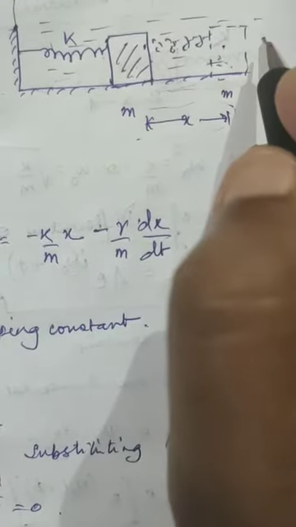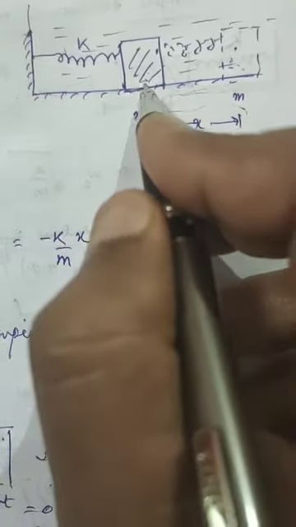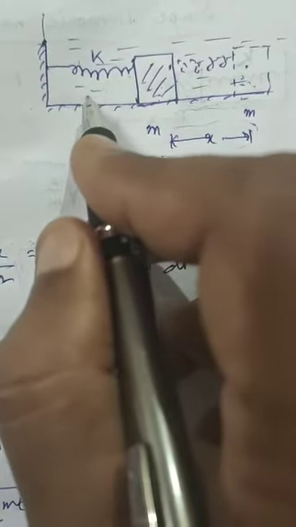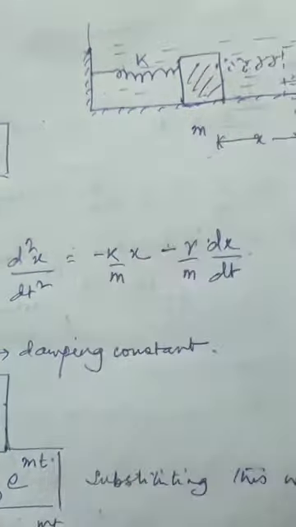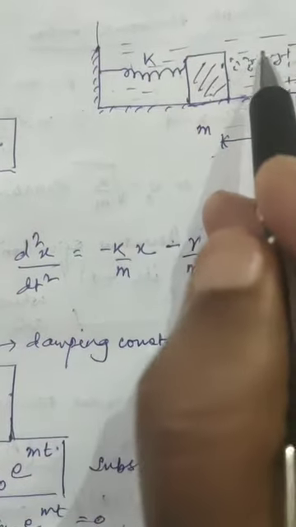So definitely the resistive force will be in the opposite direction. Now once it reaches the equilibrium position, if it overshoots it, the velocity will be in this direction again, and still the damping force will be in this direction, because the velocity is in this direction. So the damping force, that is the resistive force that will resist its motion, will be in the opposite direction.